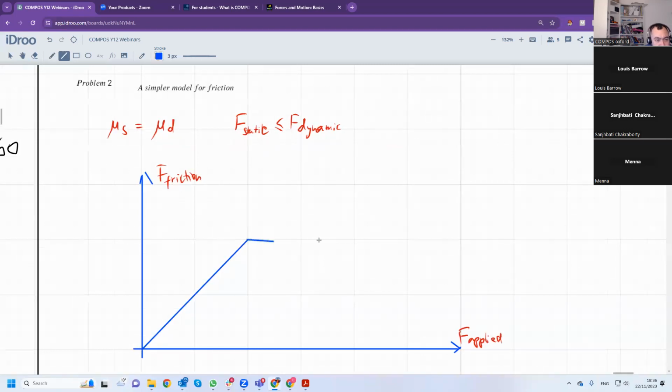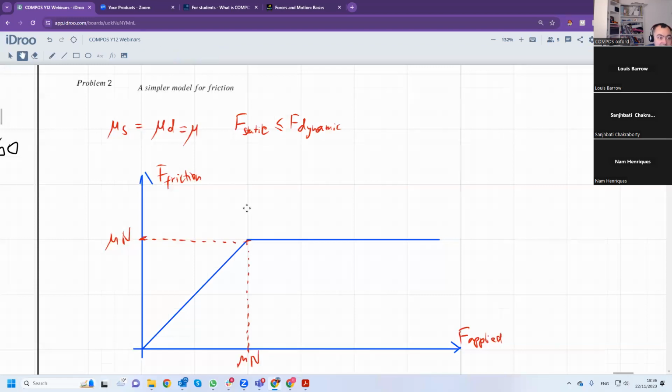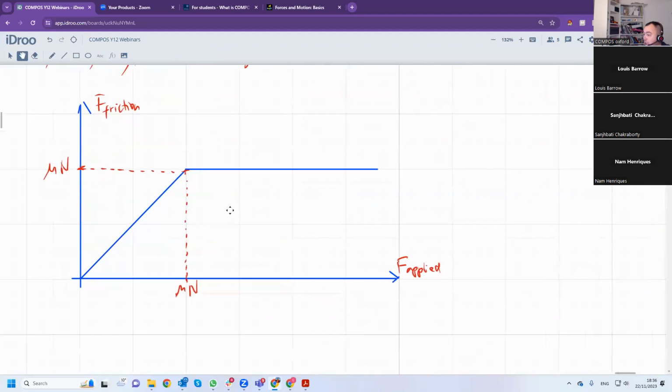And it will just go like this. Easy. So this value is mu n, because mu is the coefficient of friction. In most problems that we give you, the coefficient of static friction and the coefficient of dynamic friction are the same, and we just use mu for it.